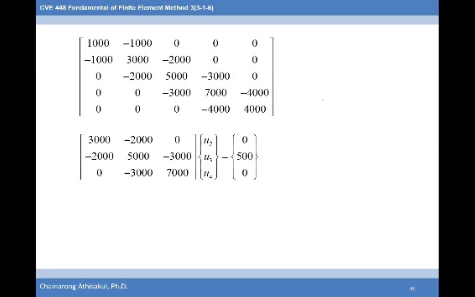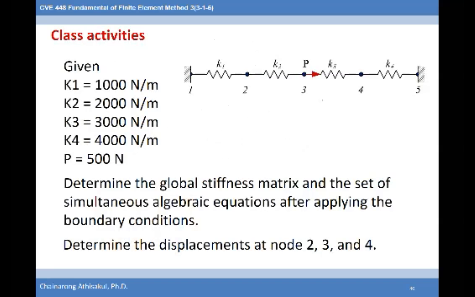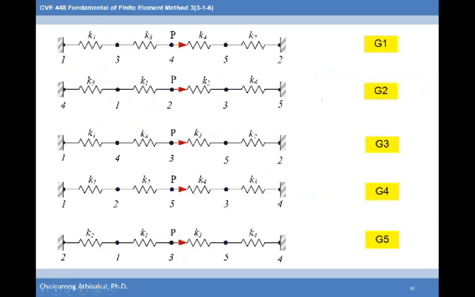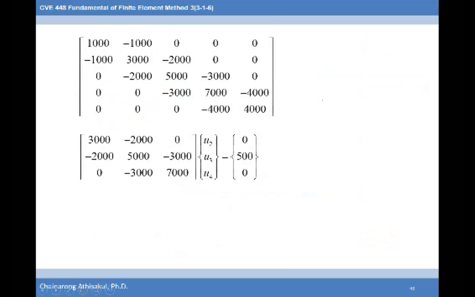So in order to solve, we have to apply the boundary condition first. If we come back to the problem, we found that the boundary condition at node number 1 and node number 5 is fixed. So the displacement at node number 1 and node number 5 should be 0.